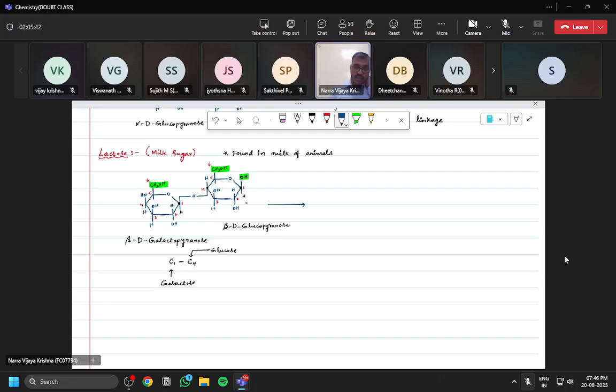What about this C1 carbon? The hemiacetal group is free. Means this shows a positive test for Fehling's, Tollens, and so on. So this on hydrolysis gives D-galactose and D-glucose.